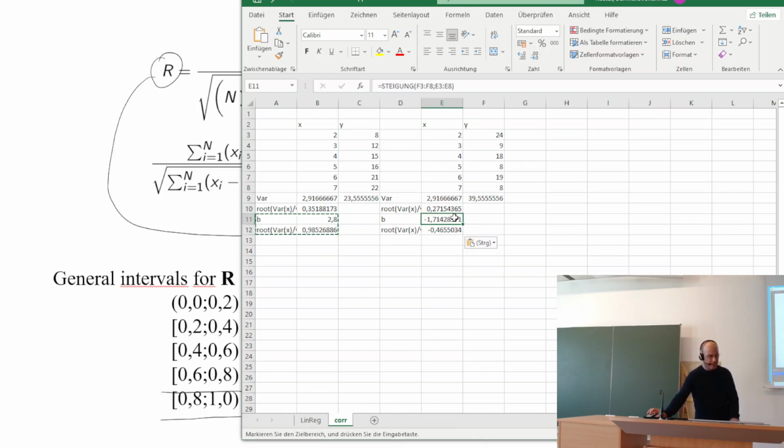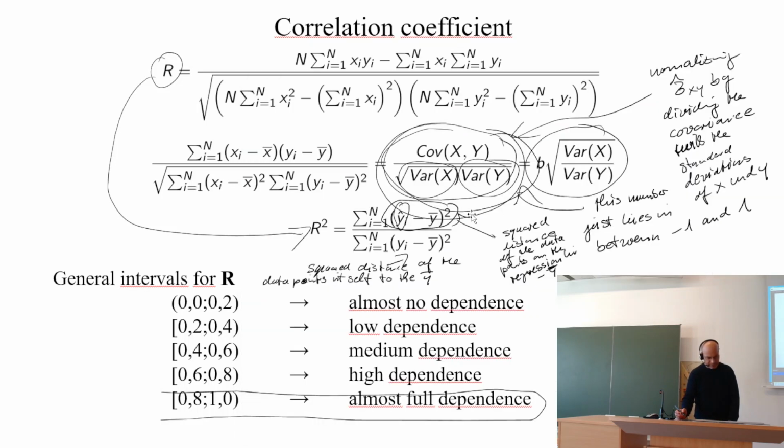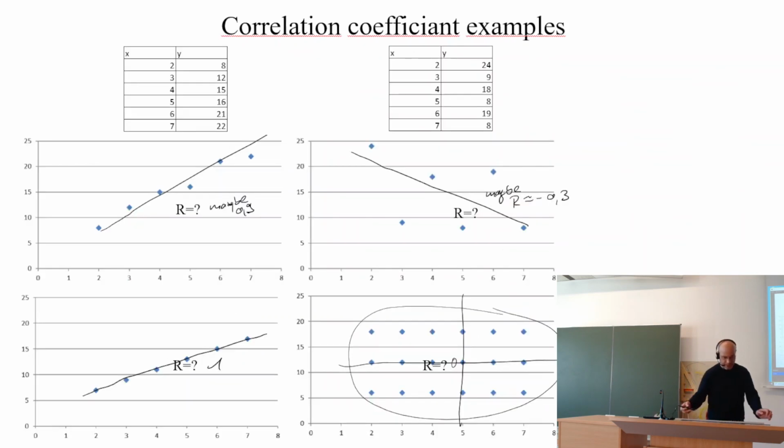We already have B, and so we obtain 0.985. How was my estimation?